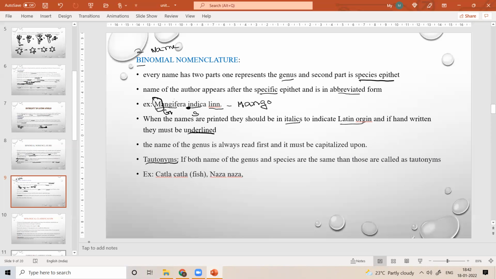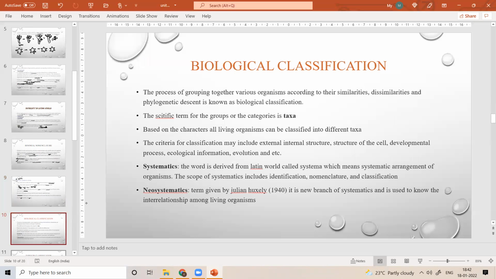Like Catla catla and Naja naja. Catla catla is a fish and Naja naja is the snake, the king cobra. So here the genus name is the same and the species name is also the same. That is called tautonyms.